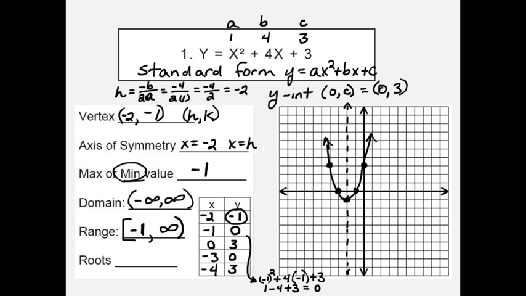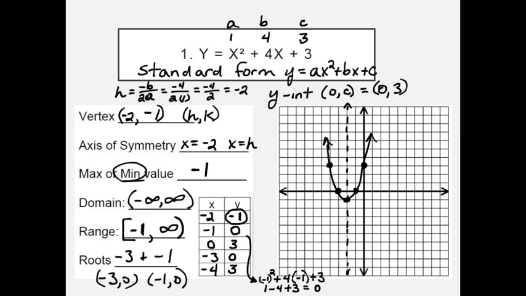The roots, we've already said, they're here where it crosses the x-axis. They are at -3 and -1, or you could say -3, 0 and -1, 0. Those are the roots or the x-intercepts of the quadratic. And so now we've done everything, we've found out everything, we filled in a table, we've graphed it, and that's what you do with standard form.